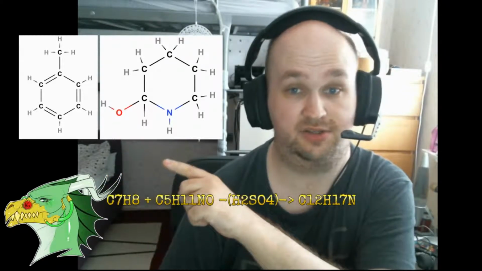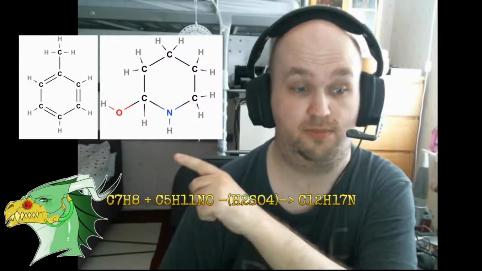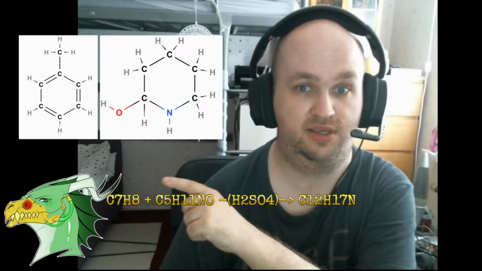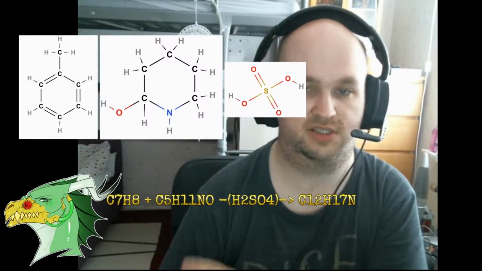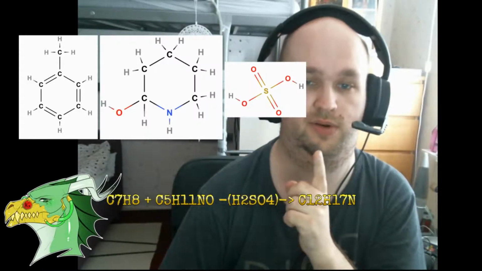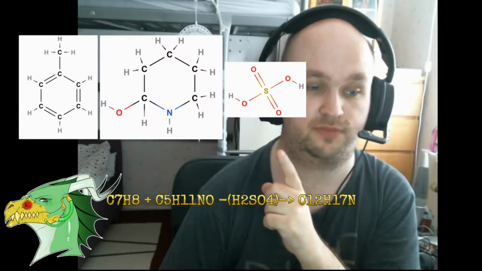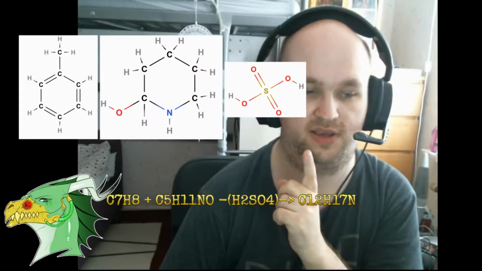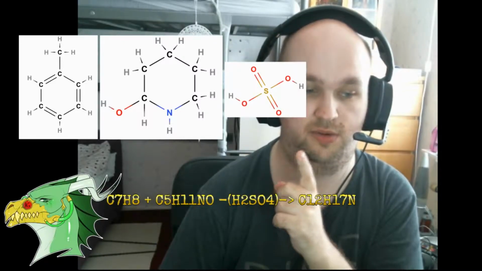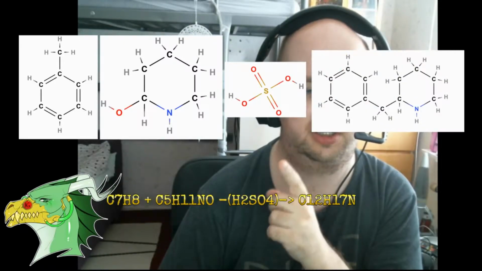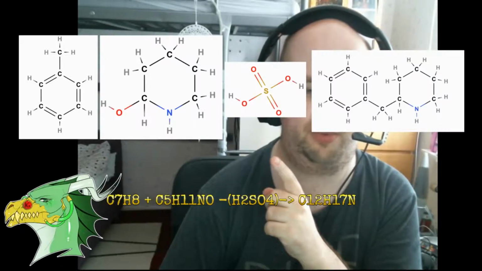But for this reaction to actually take place, you might want to get yourself into using some sulfuric acid, which is where it might be dangerous. And this is actually where we get our first product for this reaction, which is called 2-benzyl piperidine.